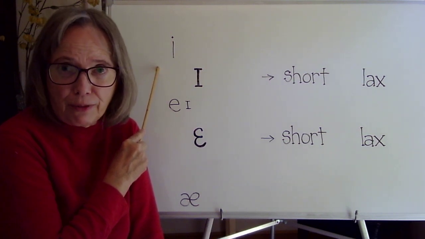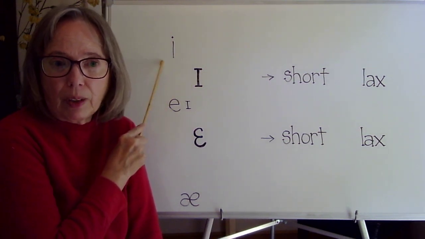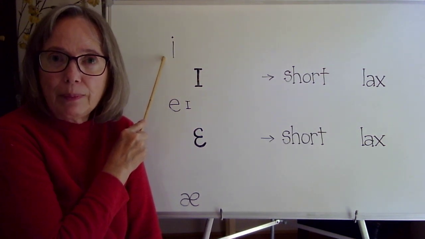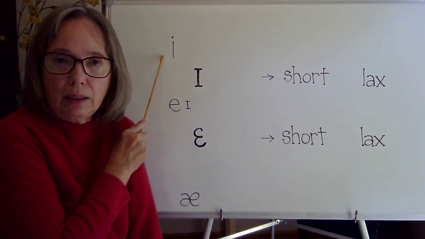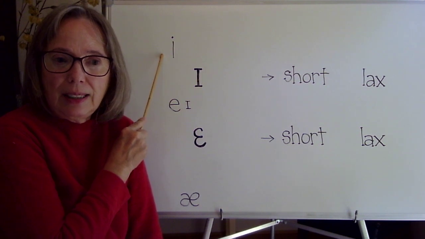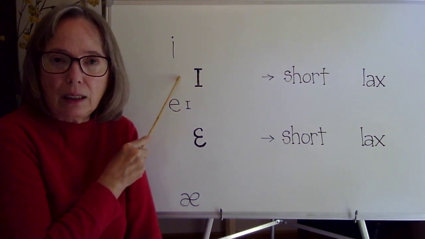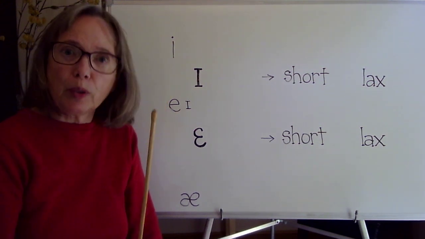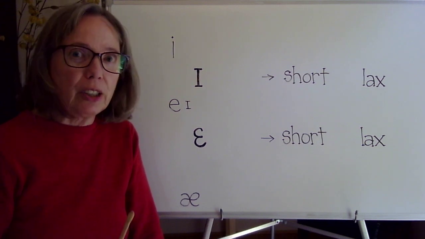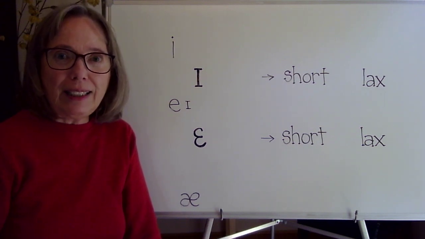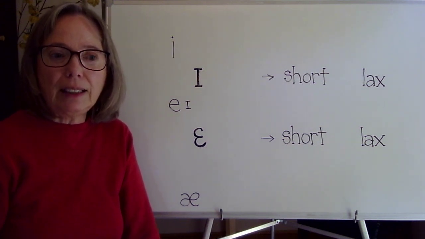And that's enough to produce I. So E, relax the lips and the tongue. E, I. And it's just a short push of air to make it a very short vowel. E, I, E, I.